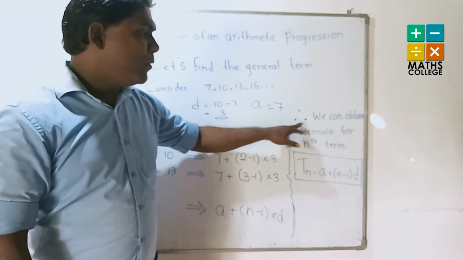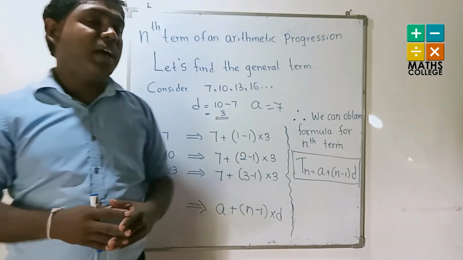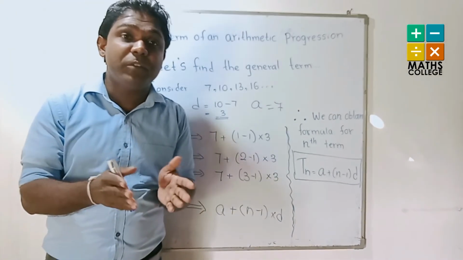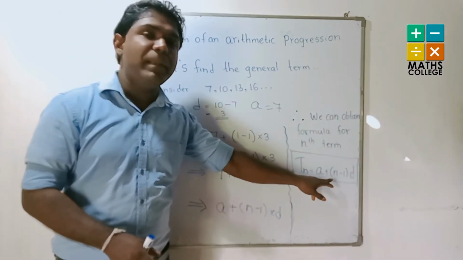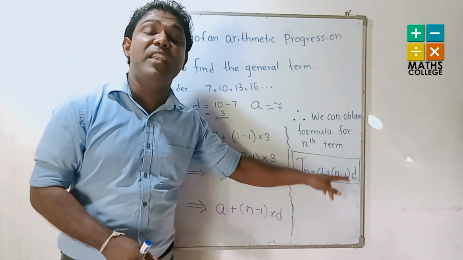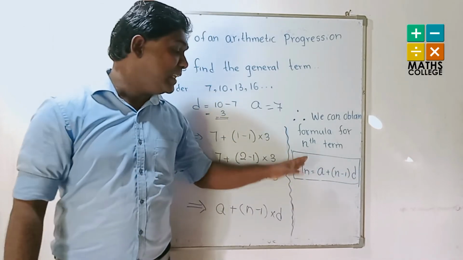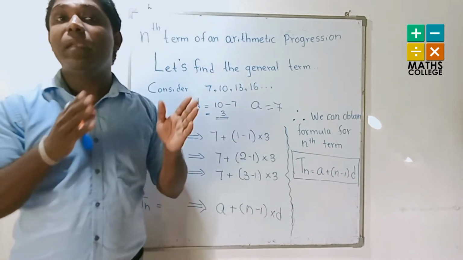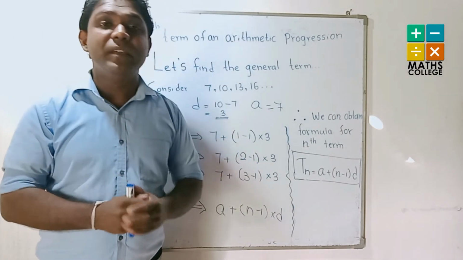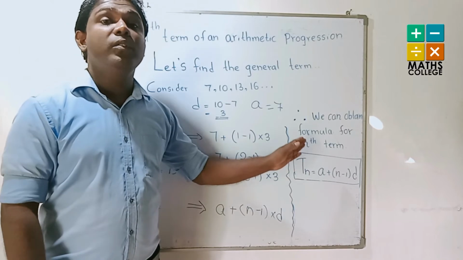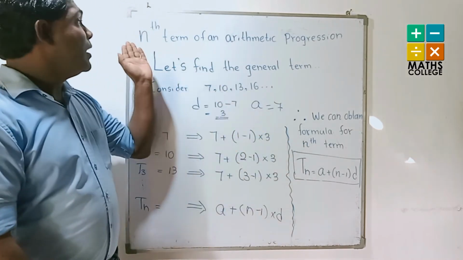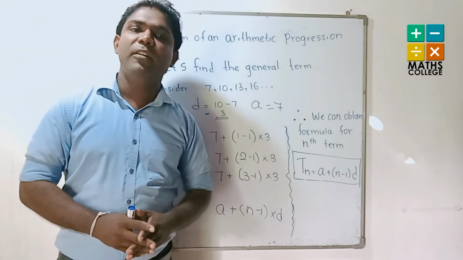Therefore, we can obtain the formula for the nth term of an arithmetic progression like this: Tn equals A plus n minus 1 into D. Tn equals A plus n minus 1 into D. You have to keep this formula in mind for solving problems on the nth term of an arithmetic progression.